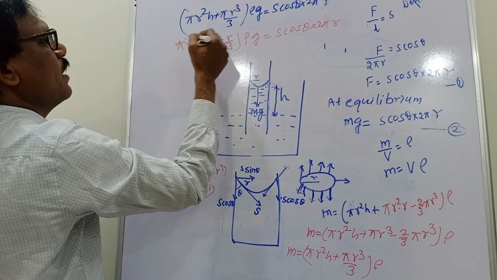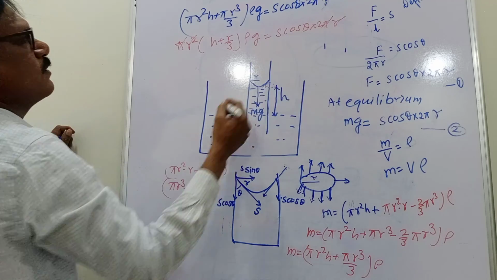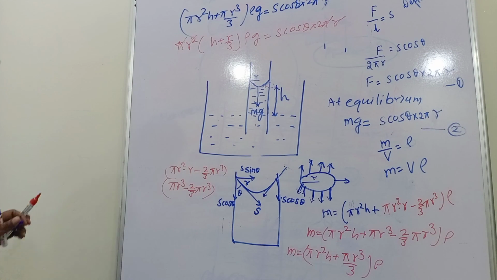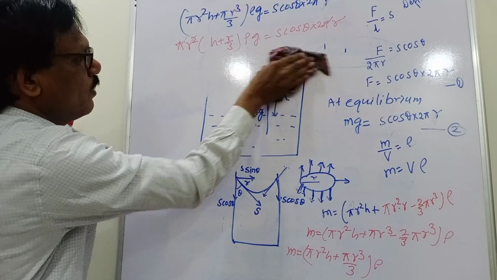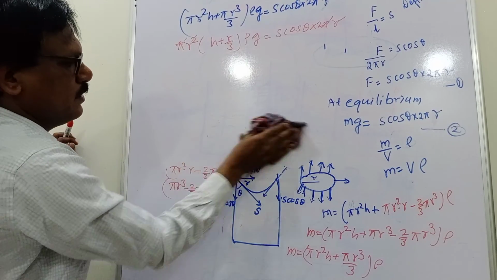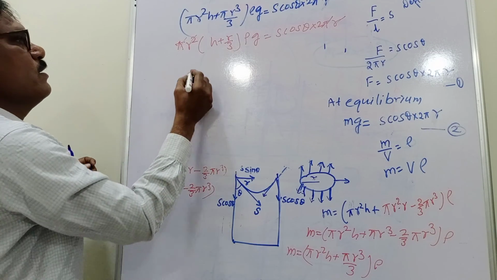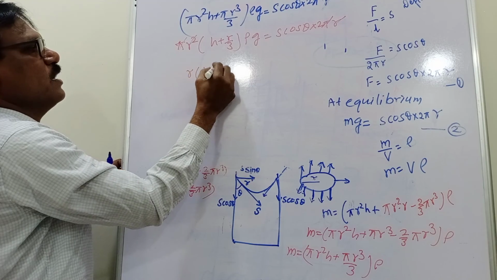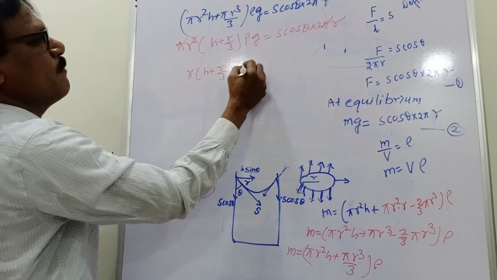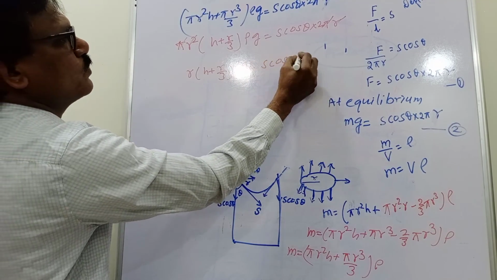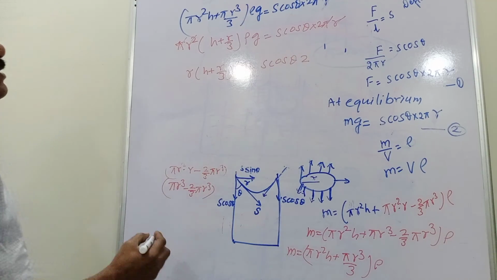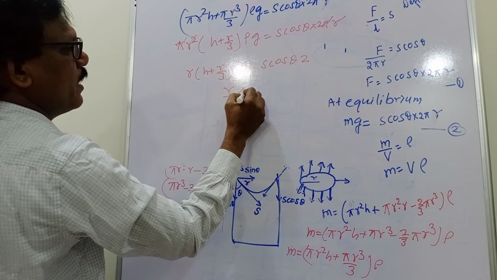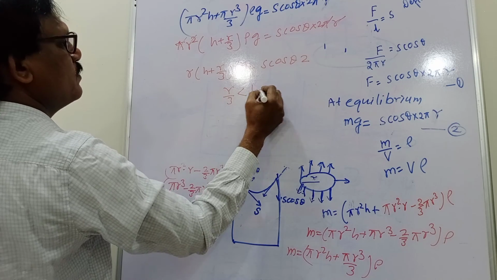This pi will cut, one r will cut, and then what we will get is r into h plus r by 3 rho g, it is s cos theta into 2, and r by 3 is very small compared to h, so it will be neglected.